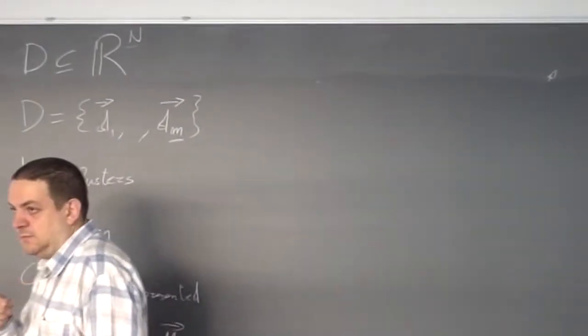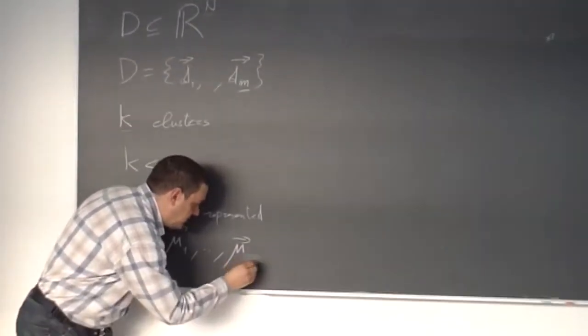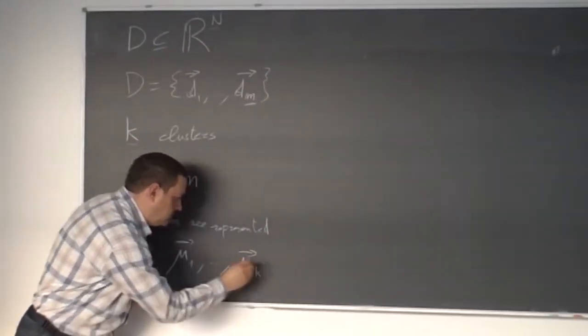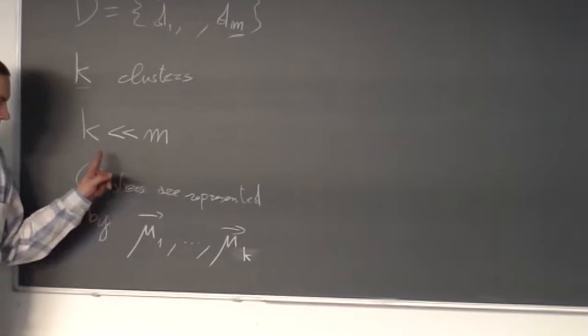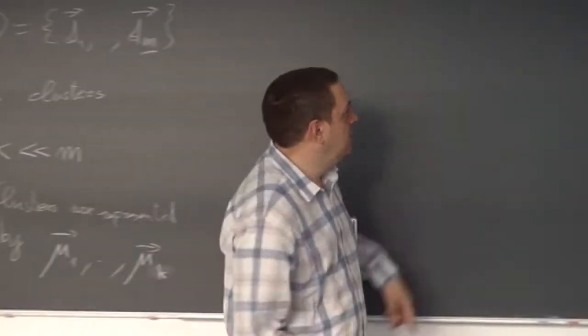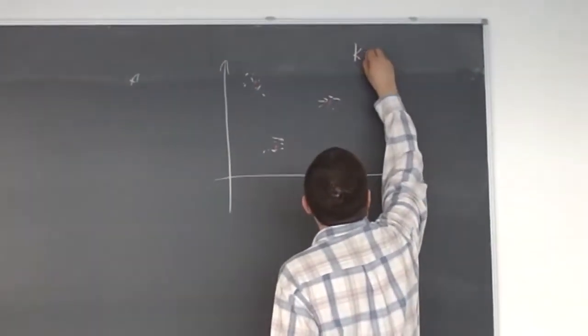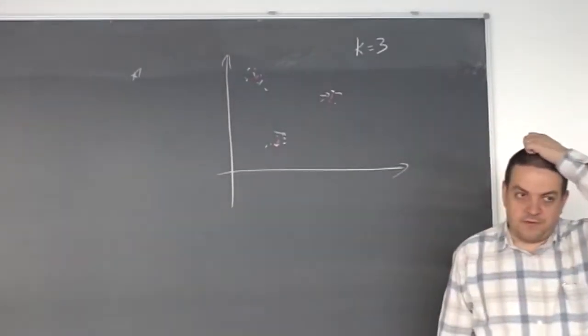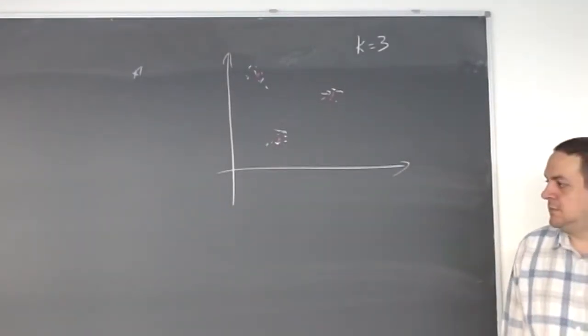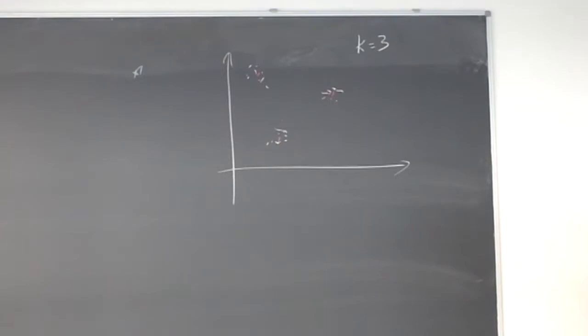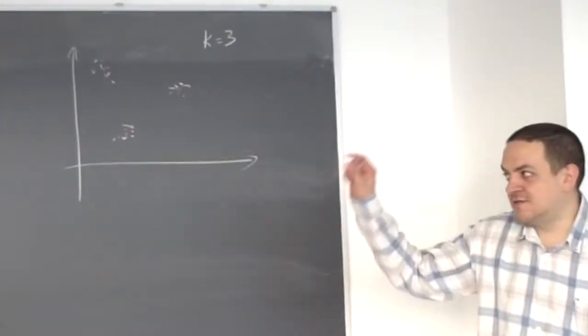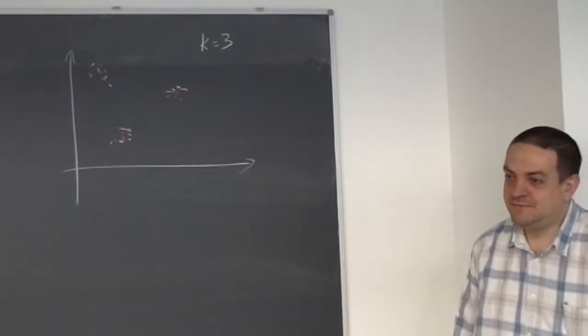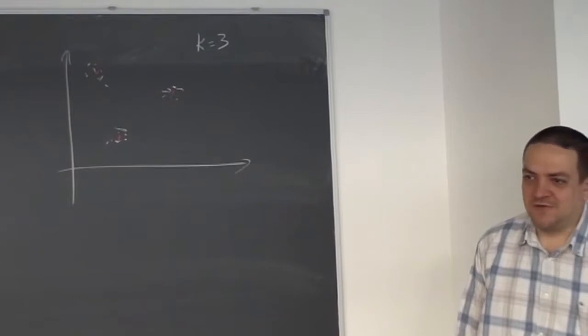Sorry, shouldn't it be mu k? Mu k, you're right. Yes, we have k clusters, so in this case k is equal to 3. Of course, k equal to m would be the extremal case in which every element is its own cluster, but it's of no interest for us.